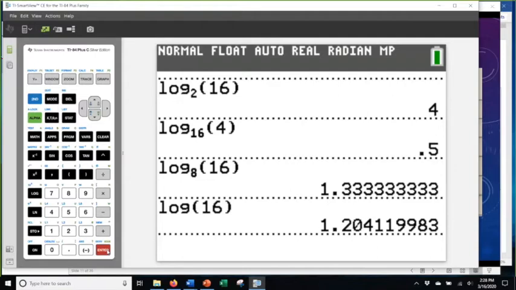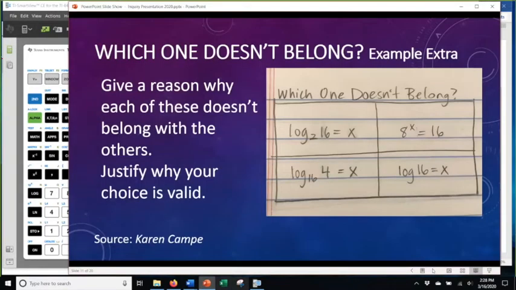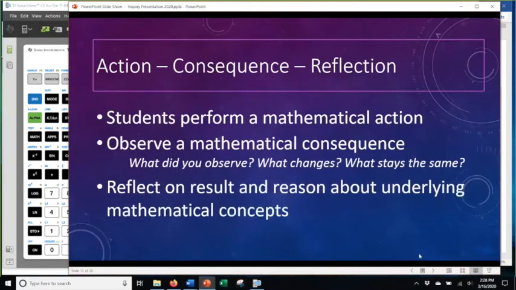Okay, moving right along, our next inquiry strategy is action, consequence, reflection activities. These types of experiences have students performing a mathematical action, observing a mathematical consequence, and then reflecting on the result and reasoning about the underlying math concepts.